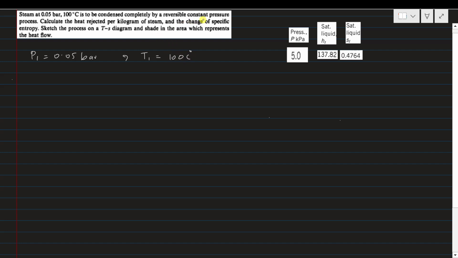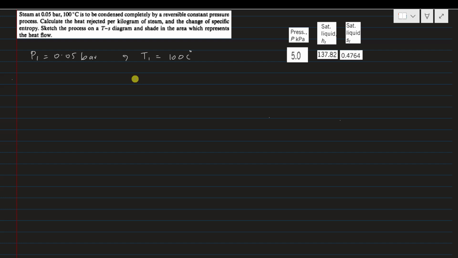At constant pressure, heat rejection takes place and condensation occurs. Our final state is on the saturated liquid line, because when condensation occurs, it will touch the saturated liquid line of the TS diagram.